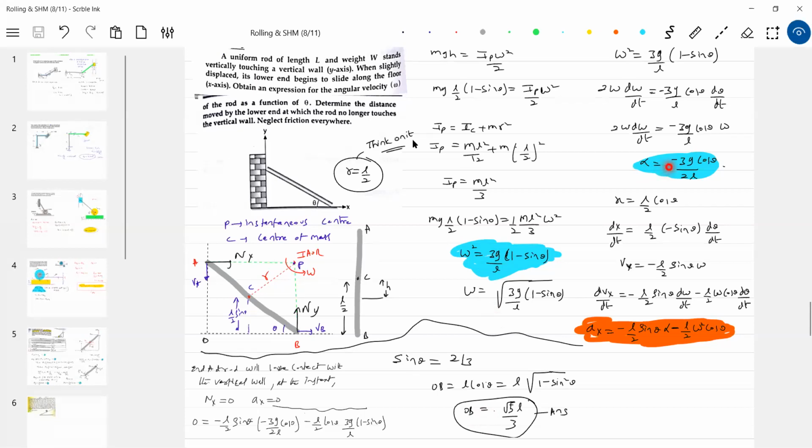This alpha is very important. If you know alpha, can you calculate the acceleration of point B or point A? Take help of the previous problem. How to calculate velocities, we know. How to calculate the speed of B and A, that we know, because we know omega. And since the rod is rotating about point P, we'll get it.